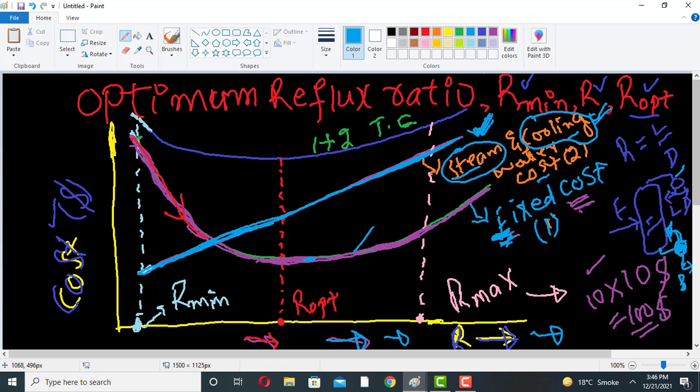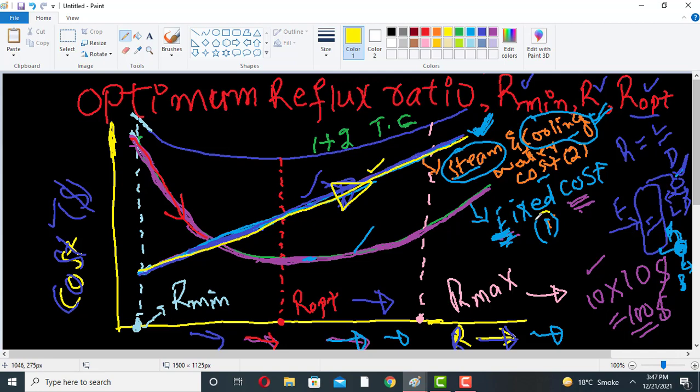From this graph, as we increase the reflux ratio, the cost of the steam which we are using in the reboiler will increase. Similarly, the cost of the cooling water which we are using in the condenser will also increase.